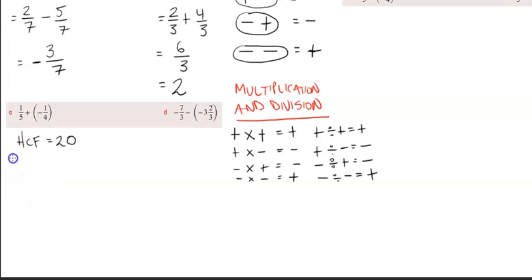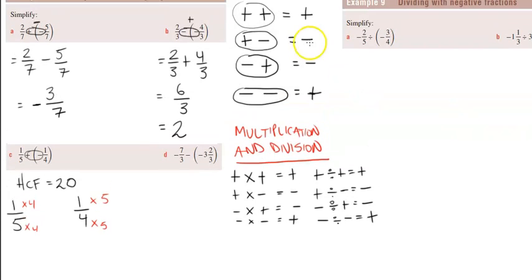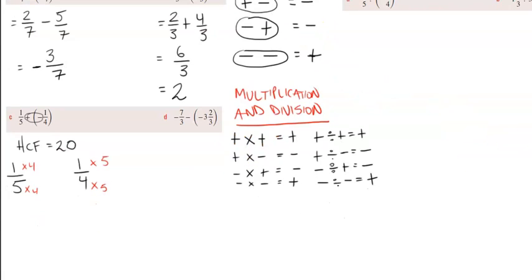So to get 1/5 and 1/4 to have the same denominator, we're going to multiply this by 4 to get to 20. And we're going to multiply this by 5, both the numerator and the denominator, to get to 20. And at the same time, we know that a positive and a negative, if we go back up here, turns this into a negative.